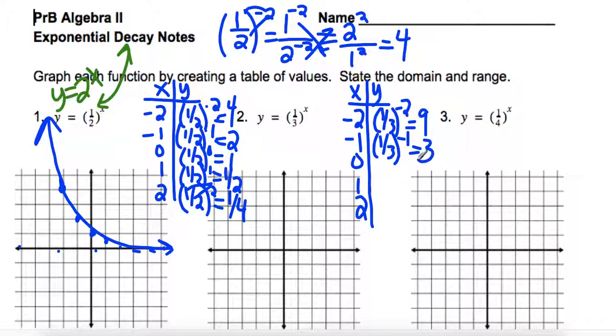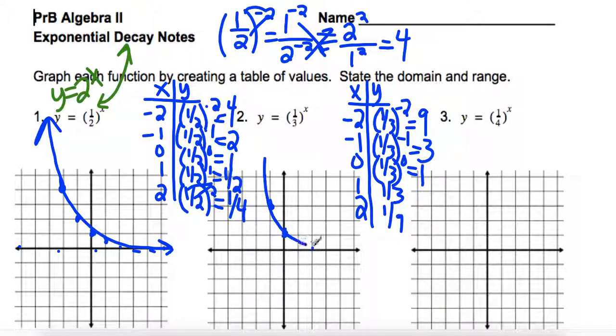So this will be 3. 1/3 to the 0 power, of course, anything to the 0 power is just 1. 1/3 to the first power is 1/3. And 1/3 squared, you square the top and bottom and you get 1/9. So for this, we have -2, 9, which I can't fit on my graph. -1, 3. 0, 1, 1, 1/3, and 2, 1/9.